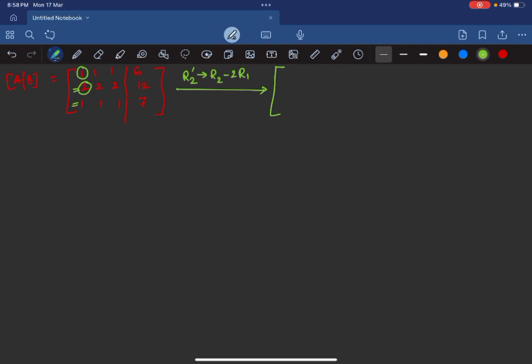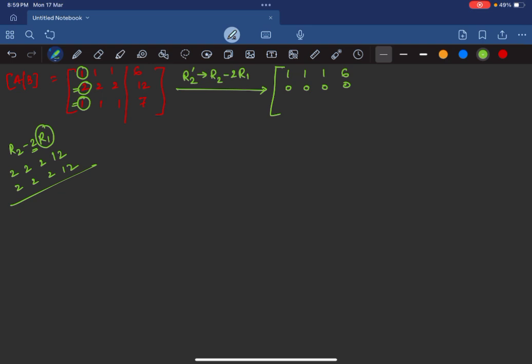Immediately what you have, first row as it is 1 1 1 6, here you get 0 0 0, component wise you are just subtracting. When you write r2 minus 2r1, r2 is 2 2 2 12, and the first row elements get multiplied by 2, giving 2 2 2 12, so subtracting, you get all 0.